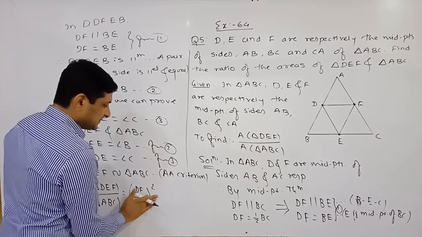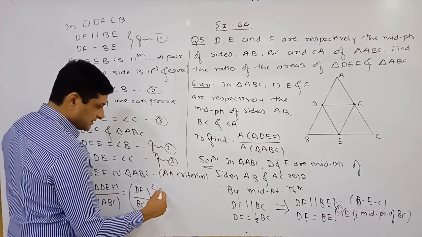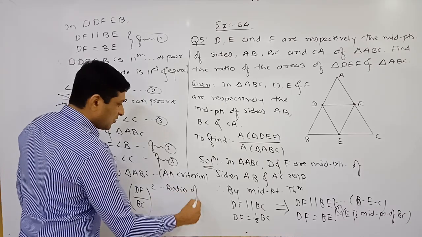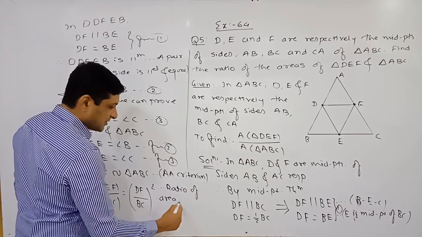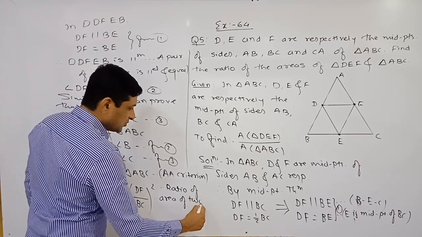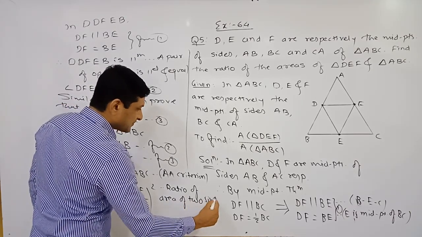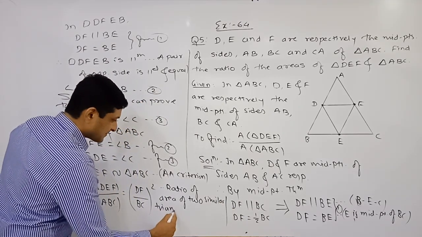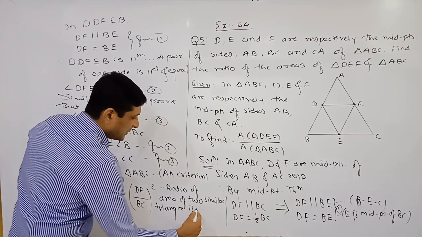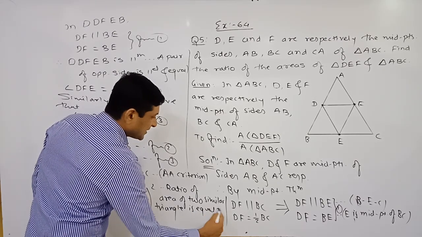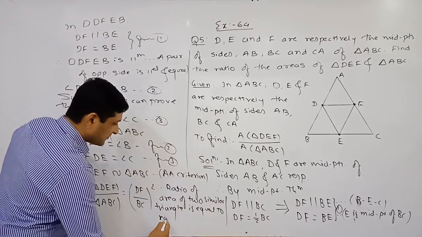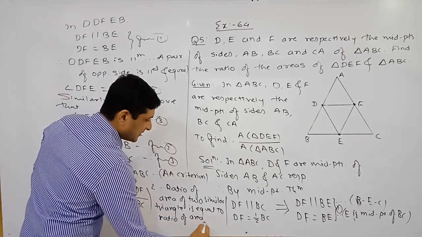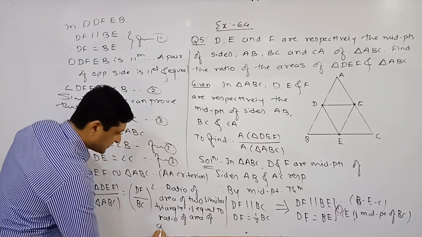Give here the reason: the ratio of areas of two similar triangles is equal to the square of the ratio of corresponding sides.